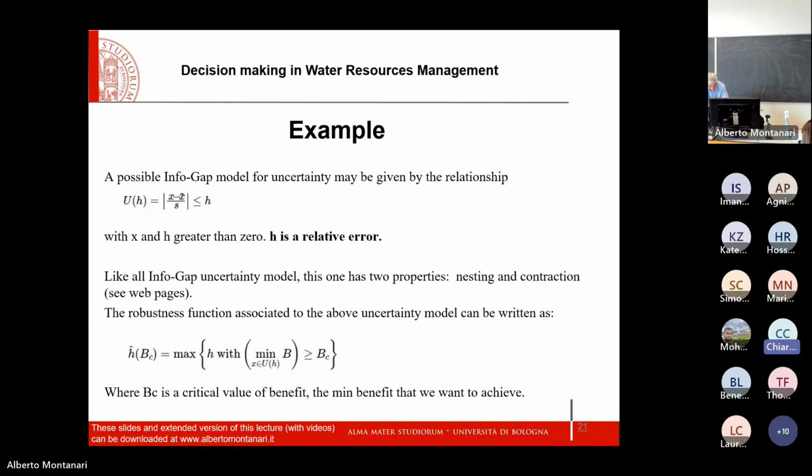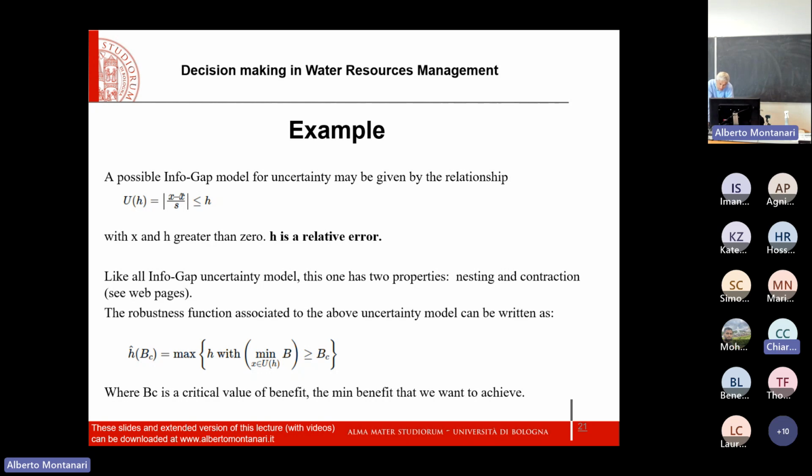Okay, so but what I do in practice is to fix that H as the H hat. Yeah, and you look for the maximum. So basically, you fix in the second equation the critical benefit BC, and then you look for the max H, which gives to you a benefit that is greater or equal than the critical one.